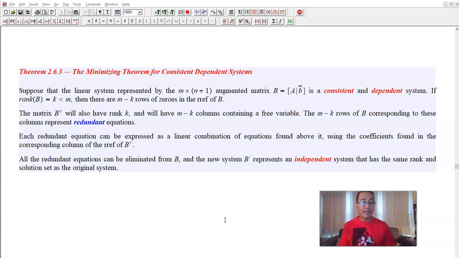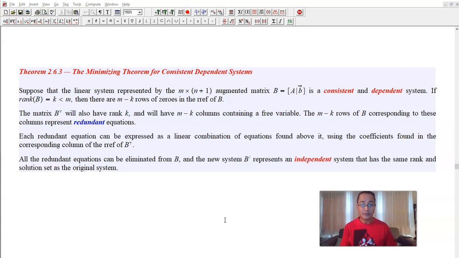So we have a minimizing theorem for consistent dependent systems, much like our minimizing theorem for a set of vectors. Suppose you have a linear system represented by an m by n plus 1 augmented matrix. Let's call that matrix B. You have our matrix A on the left and the right side, the vector b, as usual.